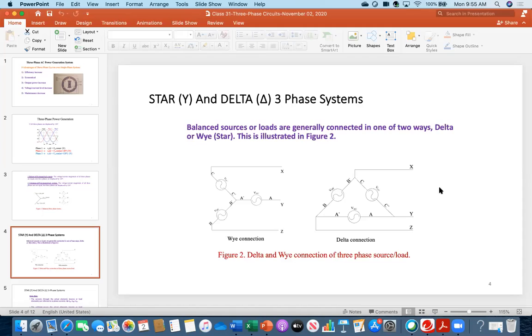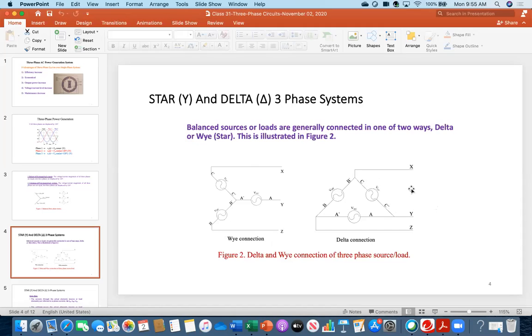Why am I asking you these things and discussing this? Because we will draw some important conclusions for this configuration and for this configuration. So what conclusion did I get? The conclusion is that the phase voltage and line to line voltage are the same.